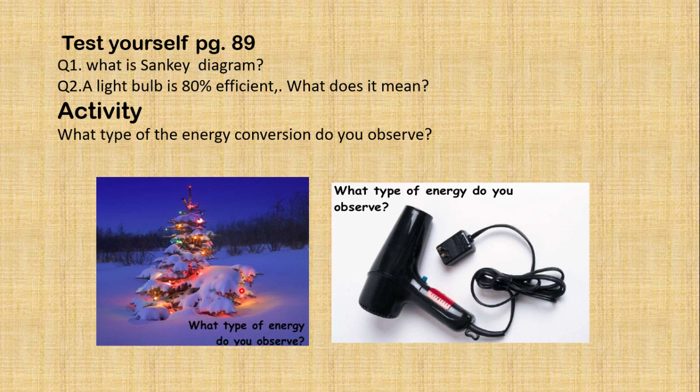You have to write down which energy changes are occurring here. In the second case, what type of energy do you observe? Name the electrical appliance or device that converts electrical energy into heat energy, or whatever you have observed.